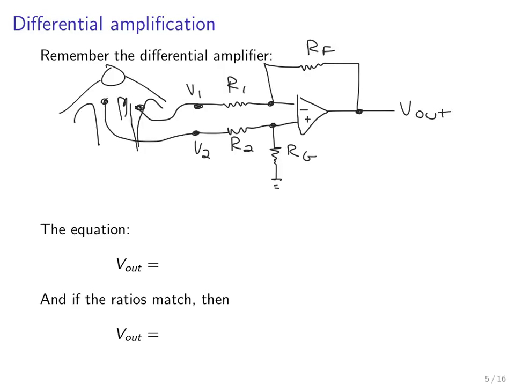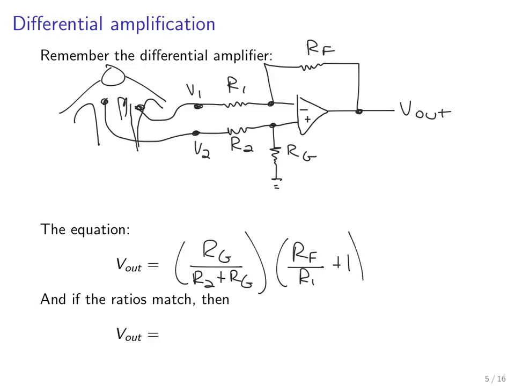The equation for this amplifier we've also seen before, and that is that V out is equal to, in general, accounting for the possibility that we don't have matched resistor ratios, Rg over R2 plus Rg times Rf over R1 plus 1 times V2 minus Rf over R1 times V1.